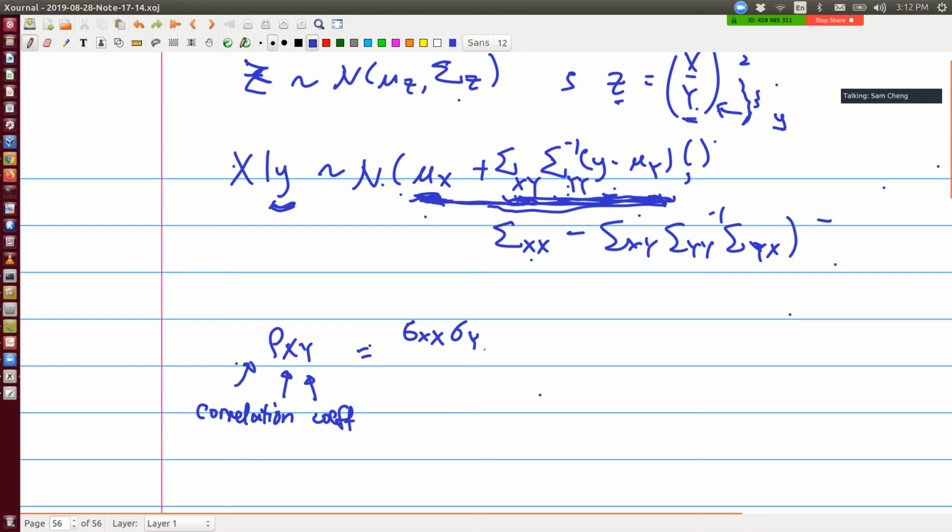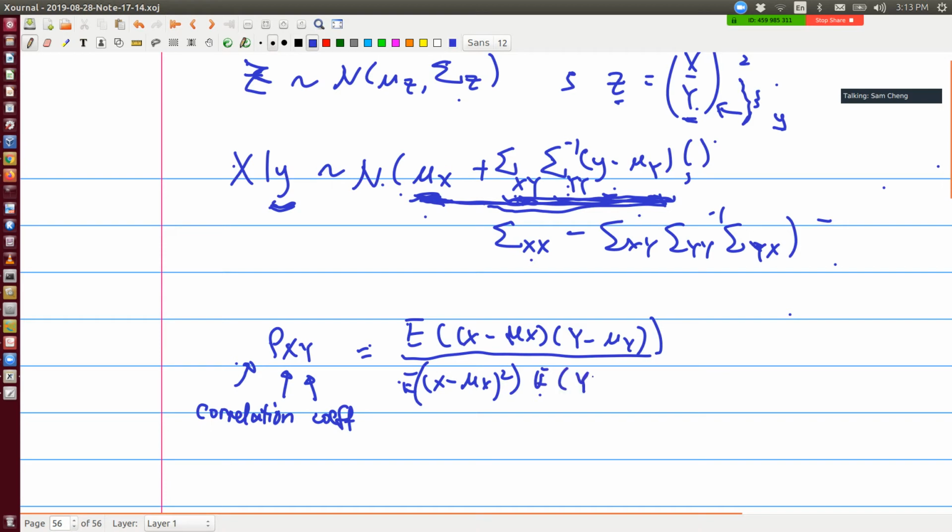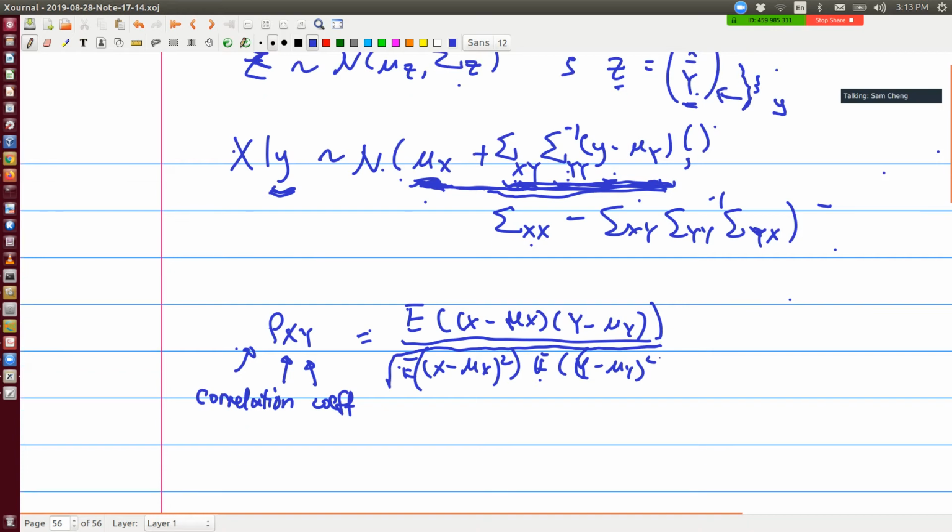Wait, this is not right actually. Let me just write it as an expectation: the expectation of x minus mu x times y minus mu y, over the square root of the expectation of x minus mu x squared, and so on.